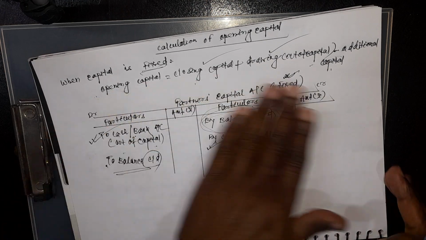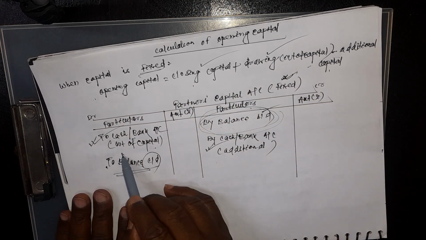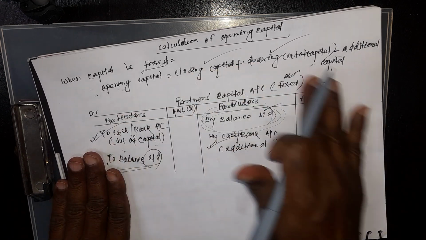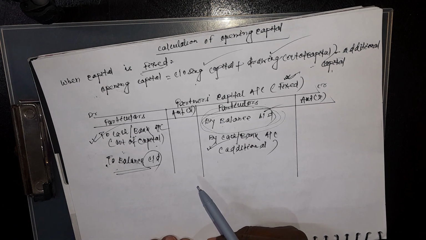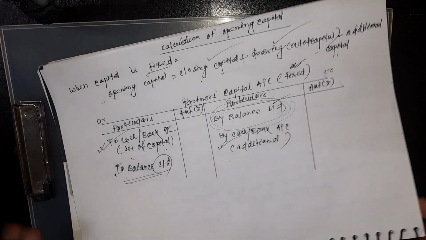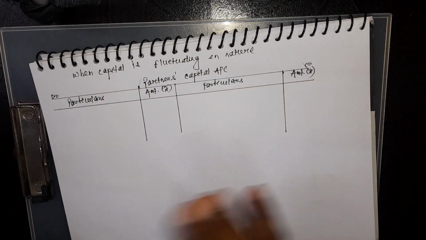Earlier we divided it in two parts: the capital amounts, that is additional capital and closing capital, were written in the capital account, and other things were shown in the partner's current account. But when the capital is fluctuating, all the things you write here.